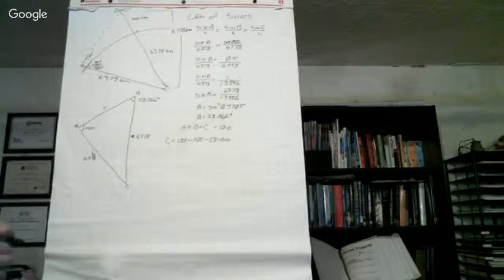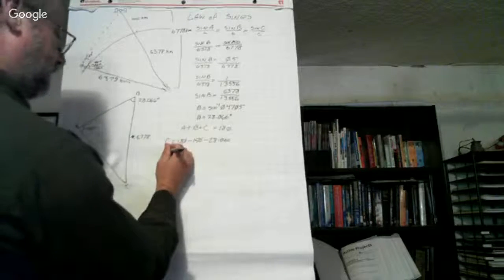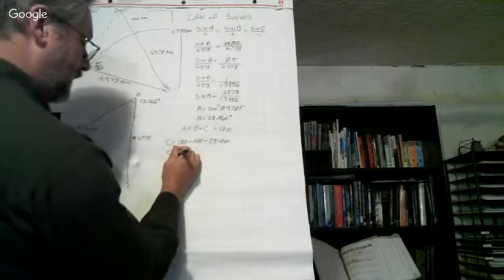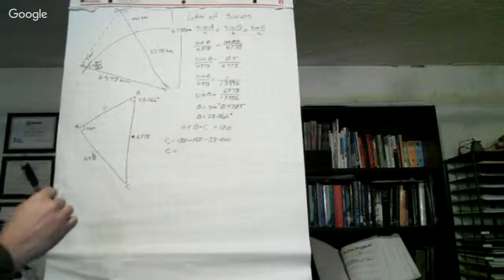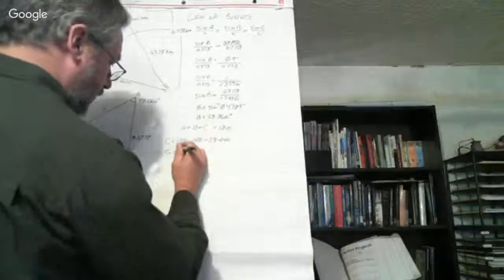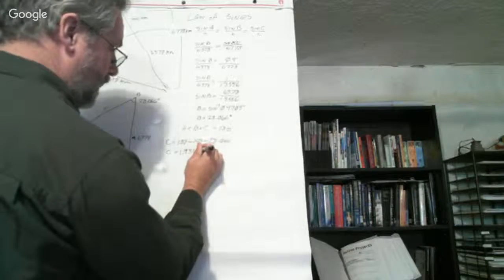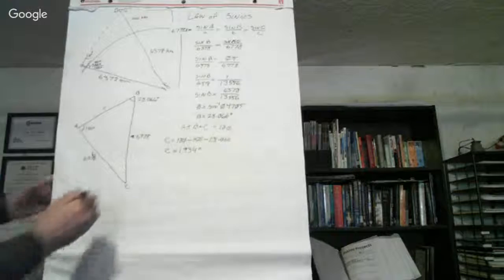What becomes of that is that we can find C, and that C is equal to, looking at my notes, 1.934 degrees. So there you go.